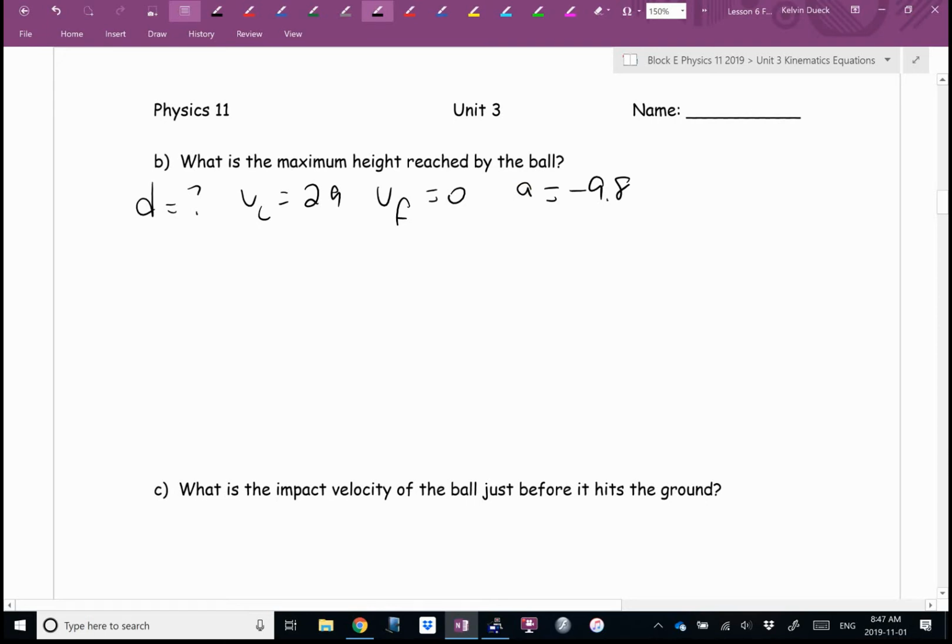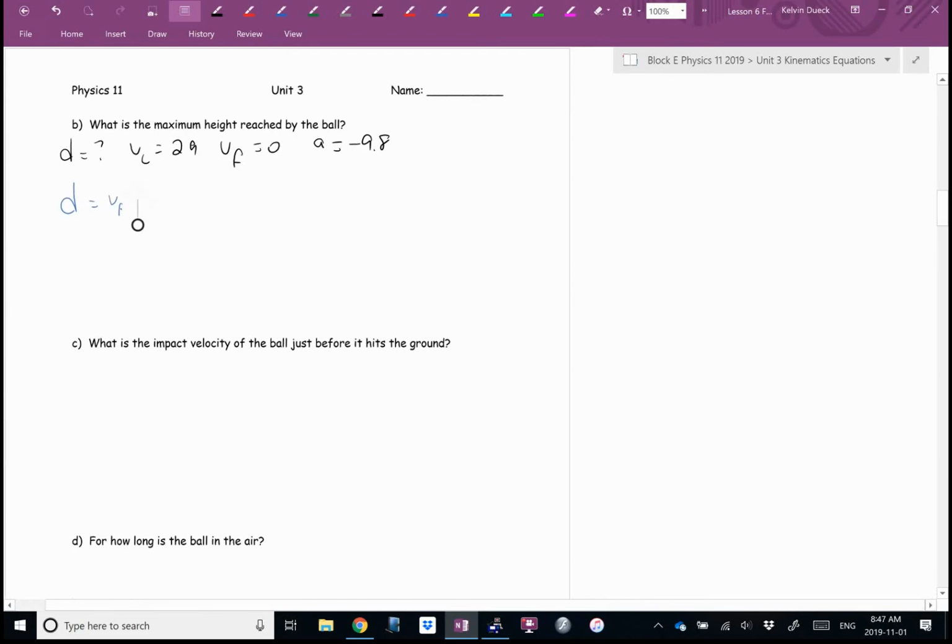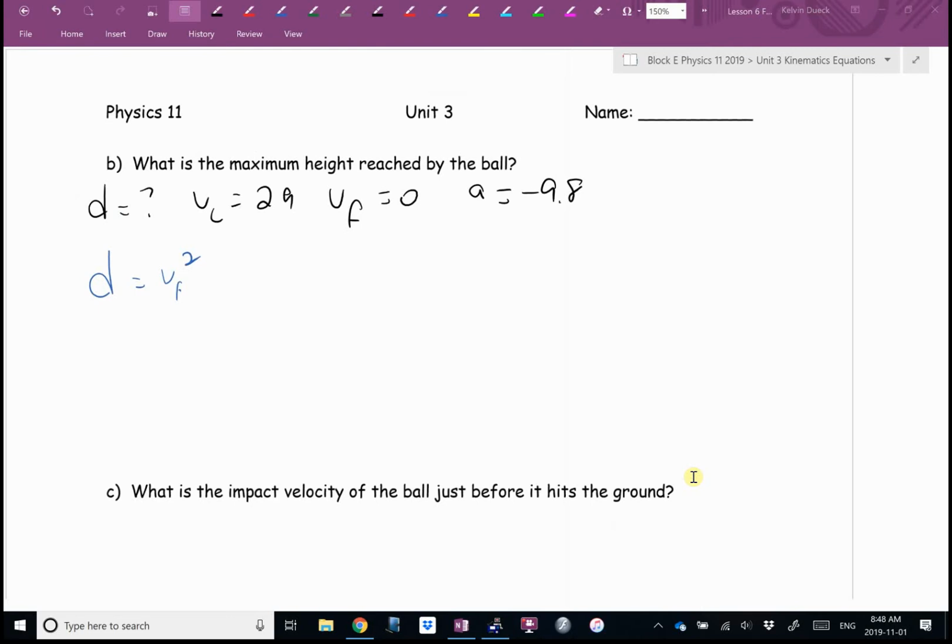You feel up to getting the D by itself? That's a good start. What's going to go? I won't coach you. VF squared minus VI squared, and you said over 2D?